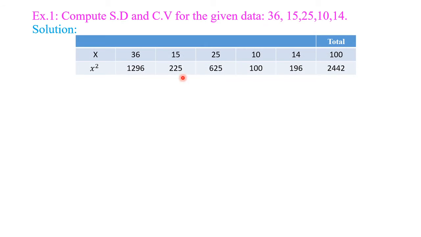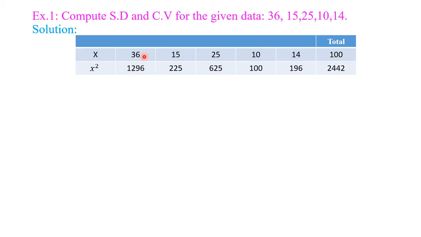Solution. We have prepared a table. First, the observation x from the given problem: 36, 15, 25, 10, 40. Total is 100. Then in another row we get the square of each observation.